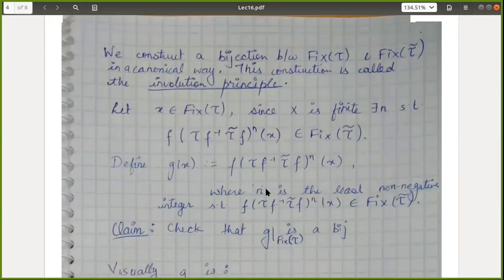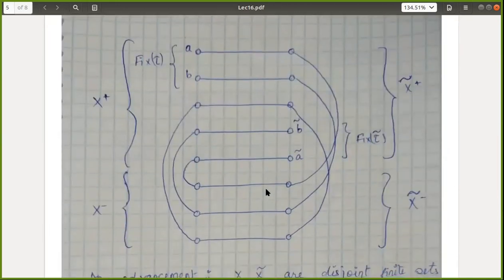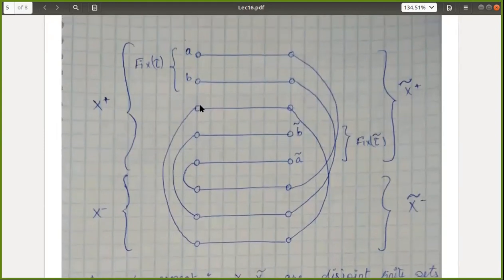Otherwise, what really happens, you see, that gives me a bijection. Why is it a bijection? For reasoning that, I should say that the other elements in some sense cancel out. And what does it mean for the other elements to cancel out?